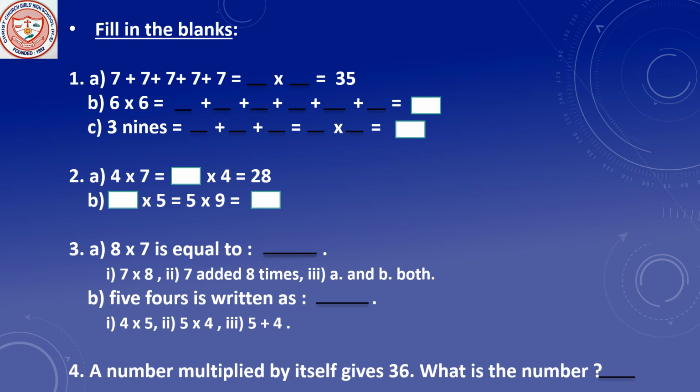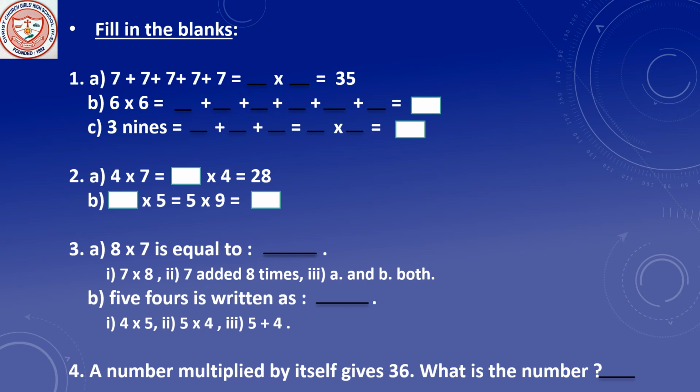Now, question number 2A. 4 into 7 is equal to dash into 4 is equal to 28. How will we solve this?